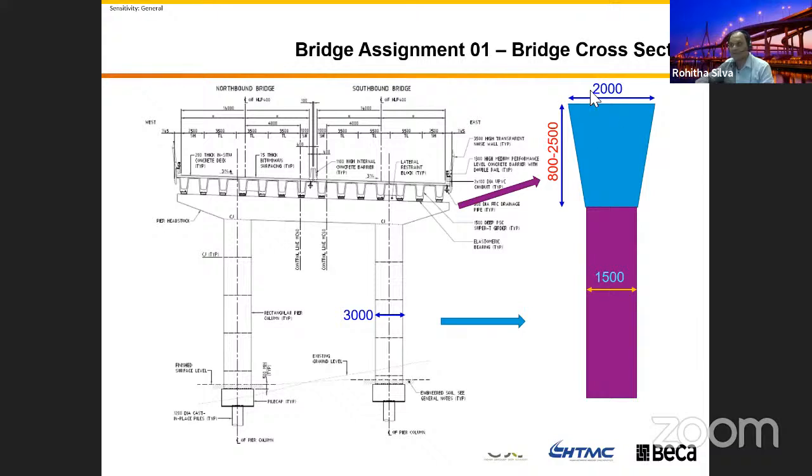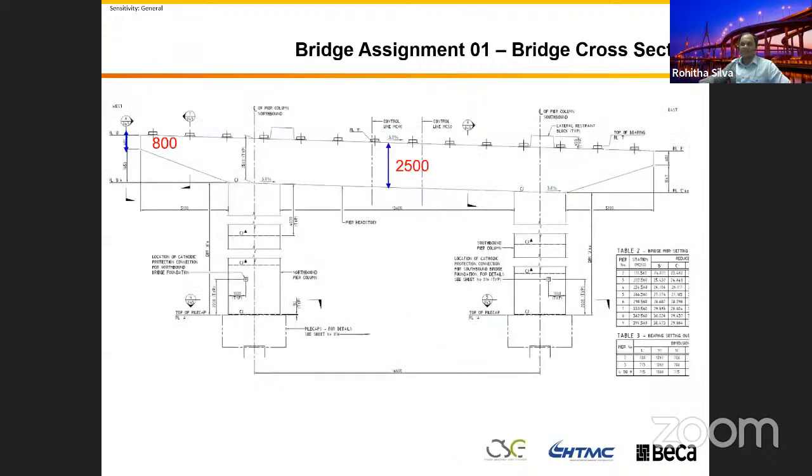Now you know your column dimension, then the foundation could be a footing with 1.2 meter diameter piles. That is your bridge. This depth you need to calculate. You need to use your experience. You need to put in your girder locations.